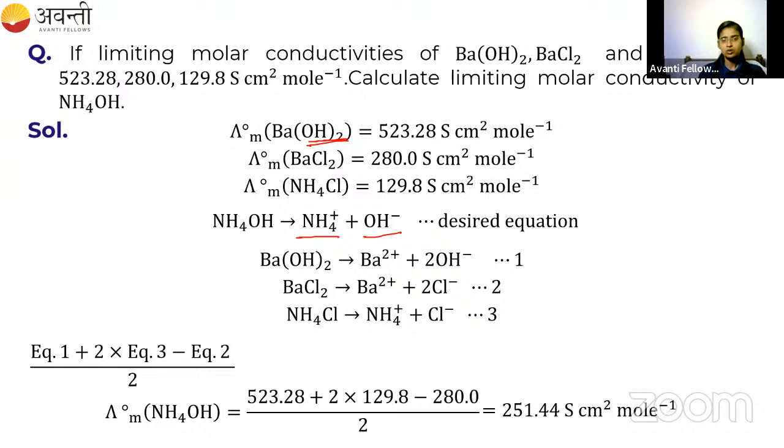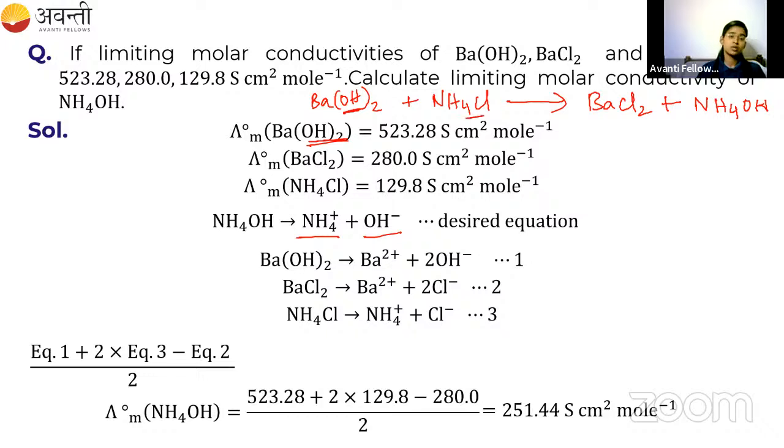So you can also go like this. Ba(OH)2 plus NH4Cl gives BaCl2 plus NH4OH. Here we have the OH minus ion, and here we have an acid, ammonium chloride.